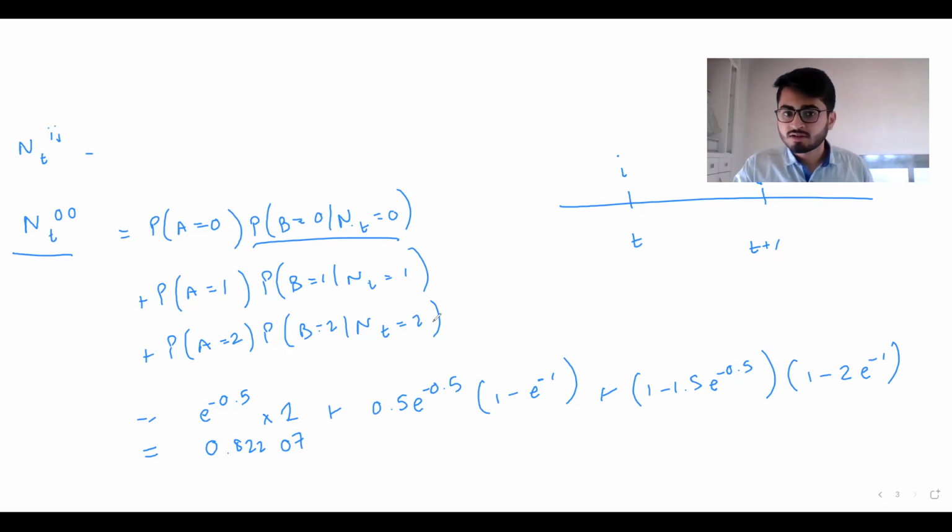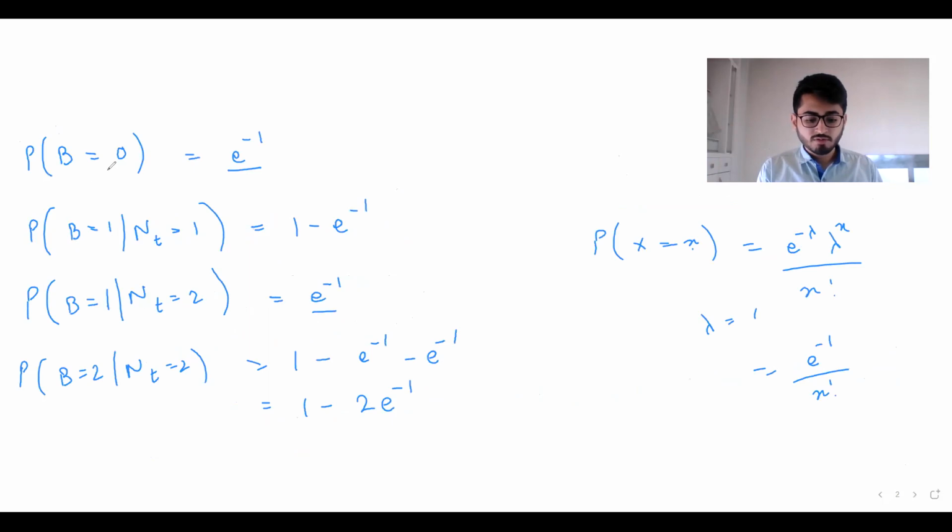Initially, one error I was making was multiplying probability A equal to 0 into probability B equal to 0. Here, for probability B equal to 0, I had written e to the power minus 1 only. More specifically, I also have to separately define that probability B equal to 0 given NT equal to 0 is nothing but 1.